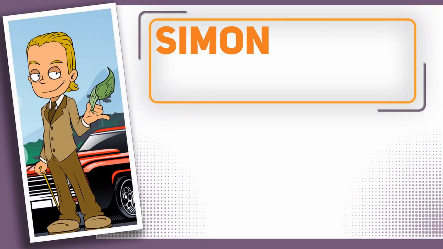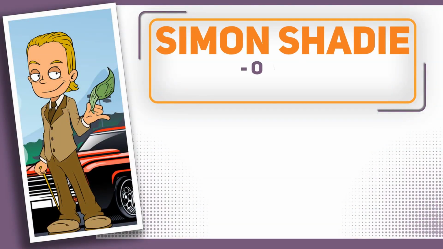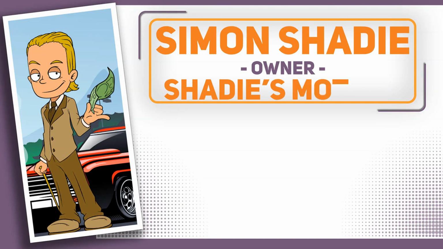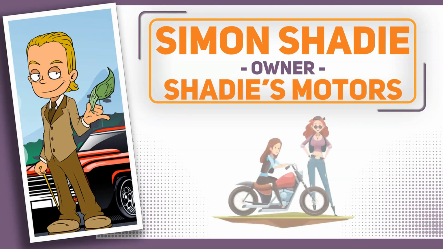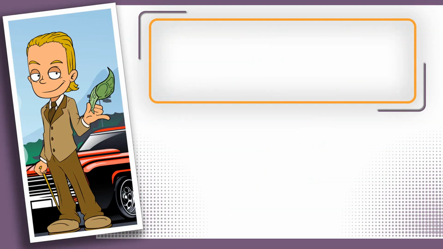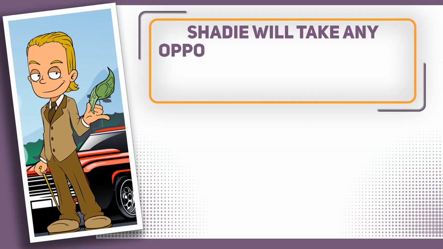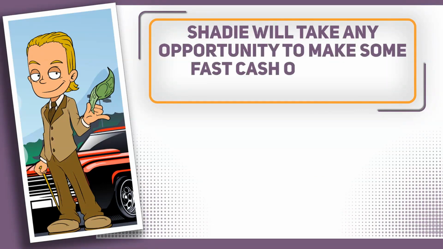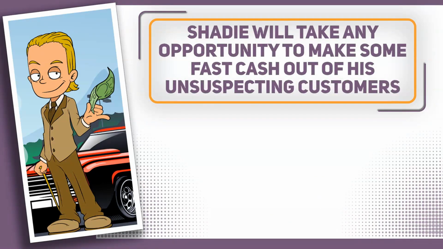In this video, we're going to meet Simon Shady, the owner of a used car dealership called Shady Motors. Most used car dealerships these days are pretty trustworthy, but unfortunately Shady Motors isn't one of them. Shady will take any opportunity to make some fast cash out of his unsuspecting customers.